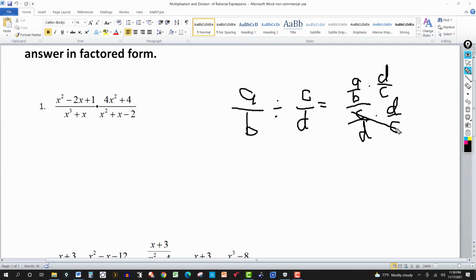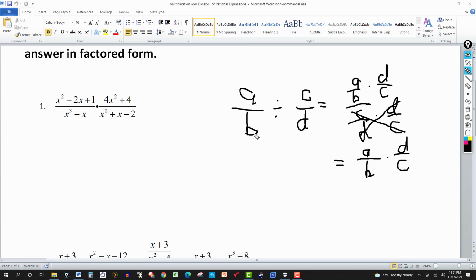So then I can say, okay, this cancels out. This becomes 1, so what do I have left in the numerator? Well, it's just going to be A over B times D over C. And again, then I can multiply numerators and denominators and then reduce, or I can do some cancellation first to make it easier on the final result.